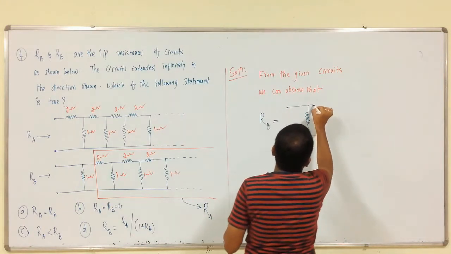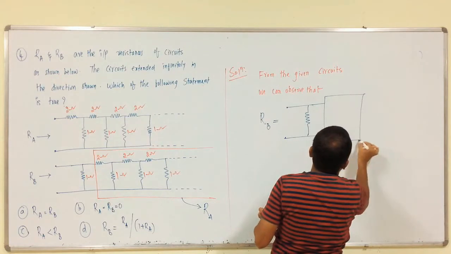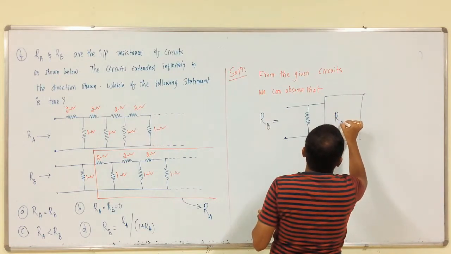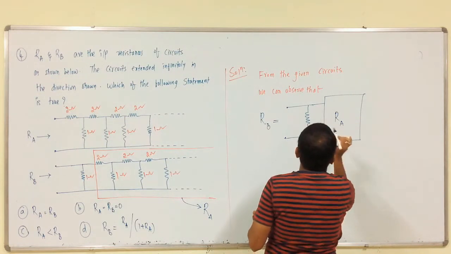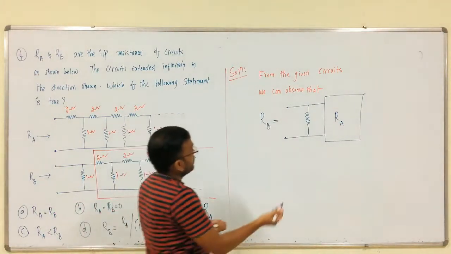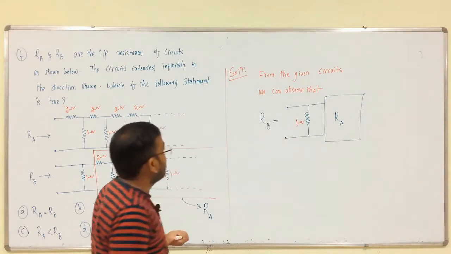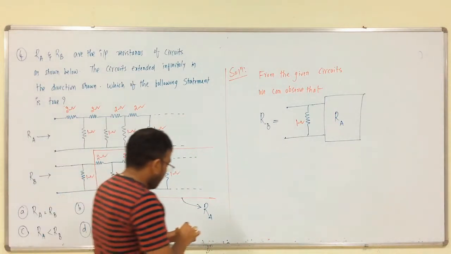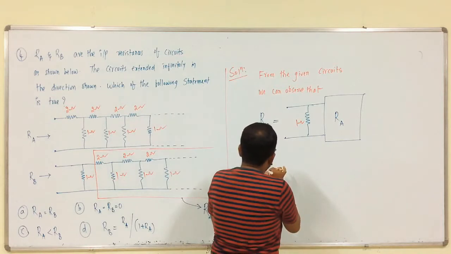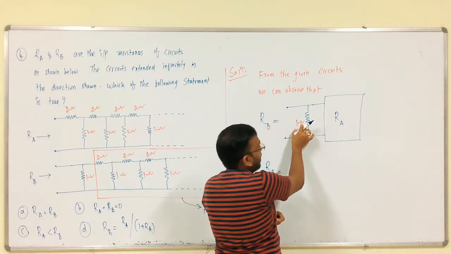So, RB is a 1 ohm branch connected in parallel with RA.